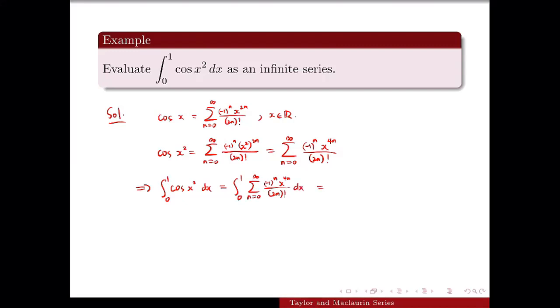So this is just sum from 0 to plus infinity, negative 1 raised to n over quantity 2n factorial. Then you integrate from 0 to 1, x raised to 4n dx.